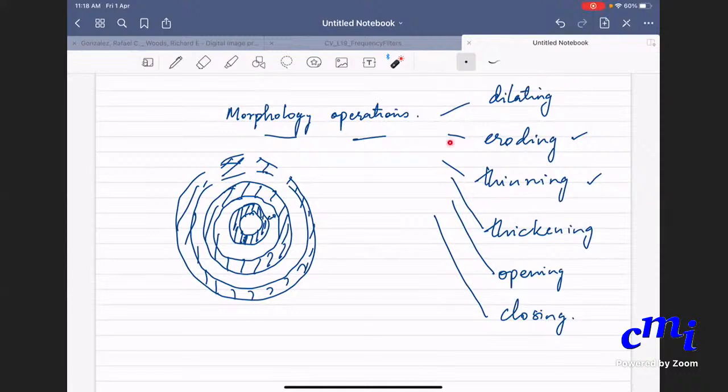And these are all set operations. So you apply the appropriate set operations on the foreground pixels and background pixels to either join gaps, fill gaps this way, or create gaps. All this is done so that the image quality is enhanced for further measurements.